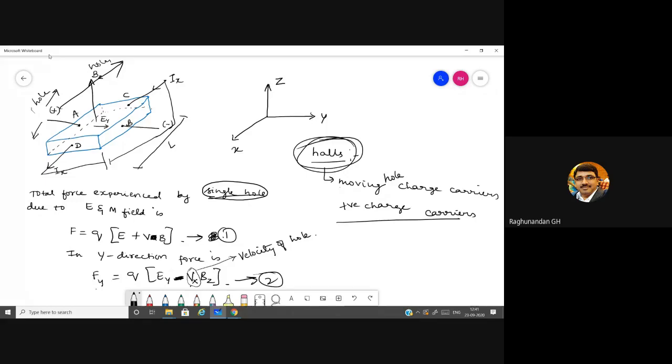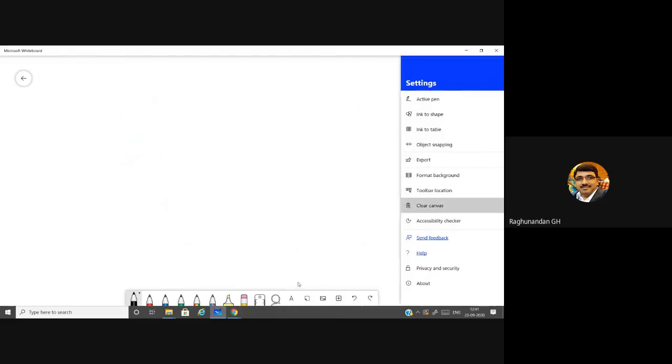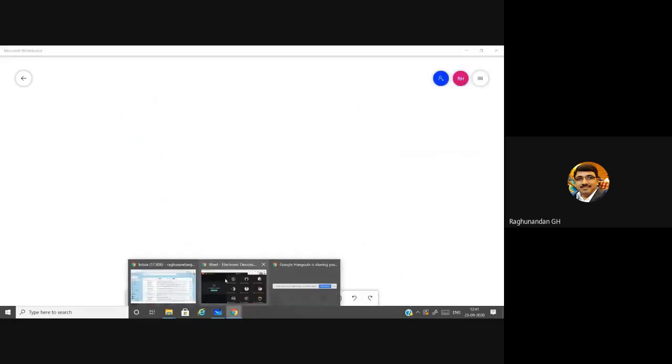That's why we have taken it as minus. Vx is the velocity of the hole in the x direction, B is the magnetic field, Q is the charge, and F is the force experienced by the charge. Okay, so we will stop here and continue in the next class.